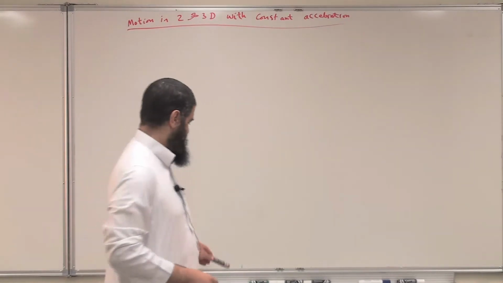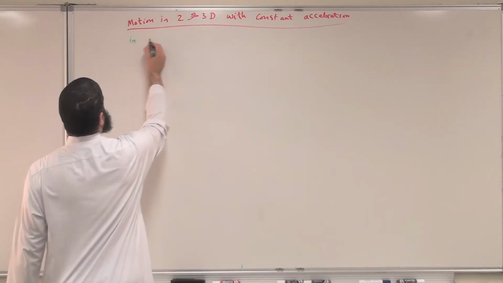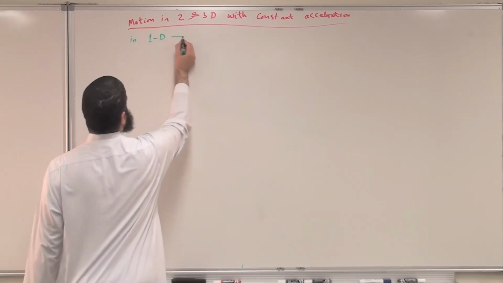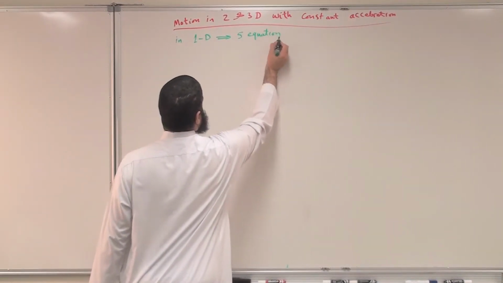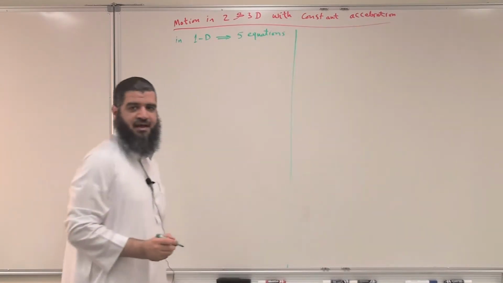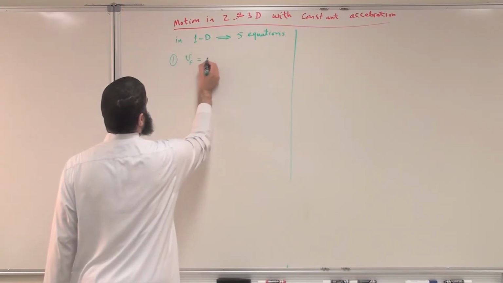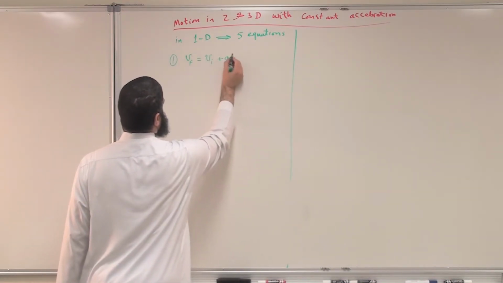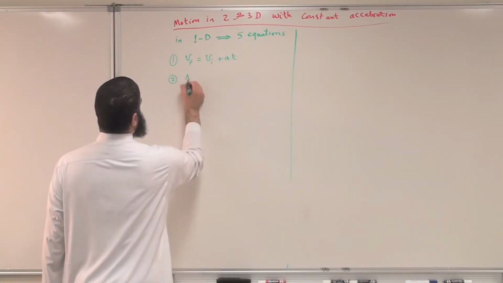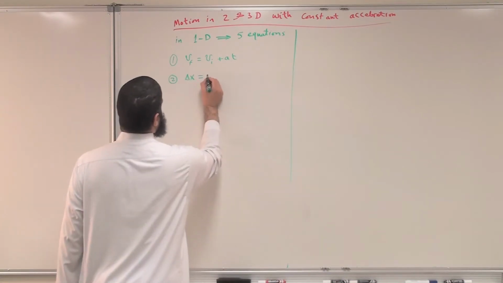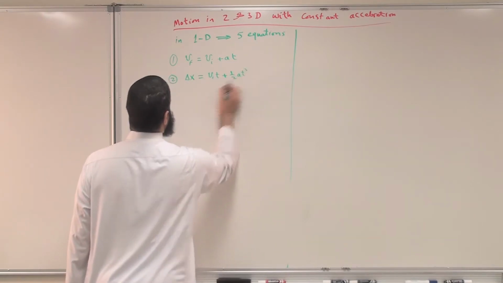If you remember this from previous discussions, in 1 dimension we had 5 equations of motion. These equations, if you remember: V final equals V initial plus A multiplied by time t. The second equation was delta x equals V initial t plus 1/2 A t square.